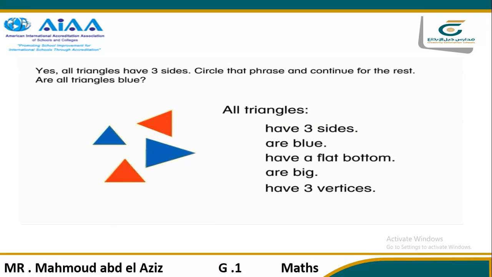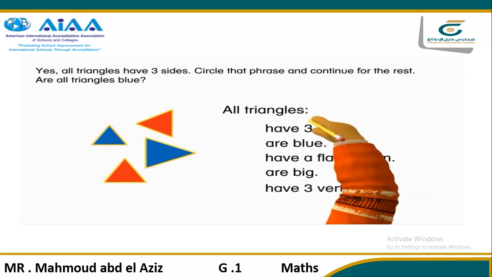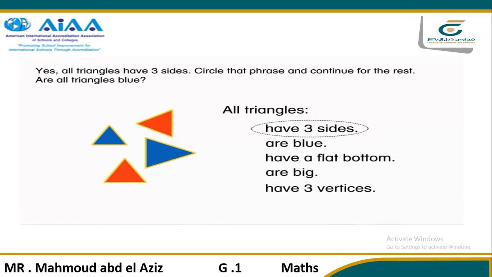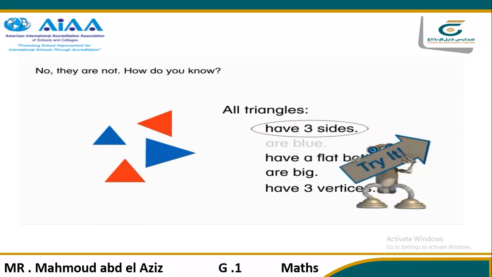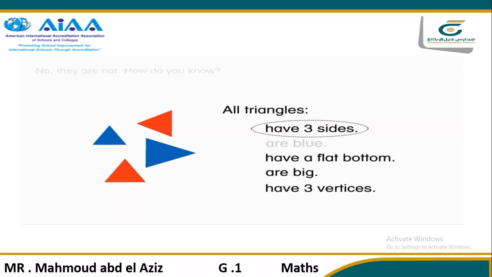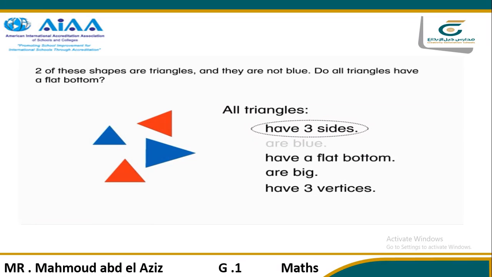Yes, all triangles have 3 sides. Circle that phrase and continue for the rest. Are all triangles blue? No, they are not. How do you know? Two of these shapes are triangles, and they are not blue.